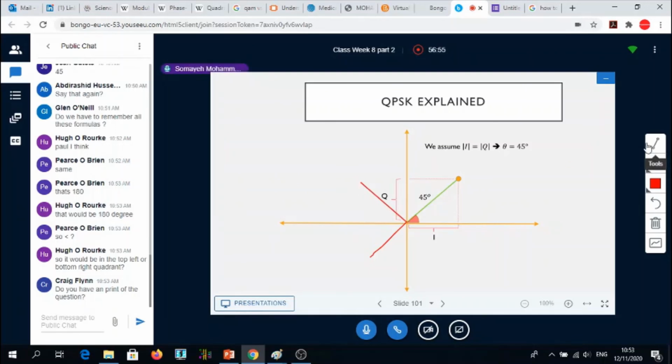I want to say that angle is 90-degree. So this angle here between my red line and my green line would be 90-degree.